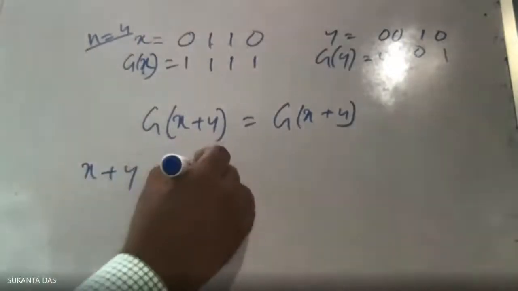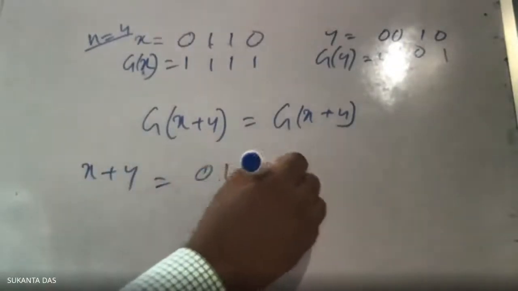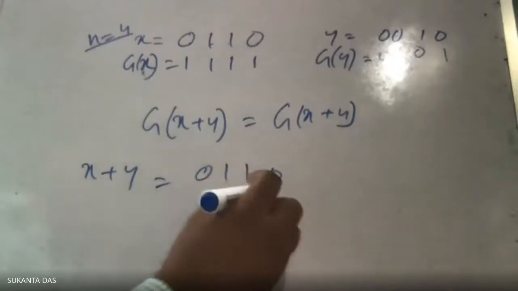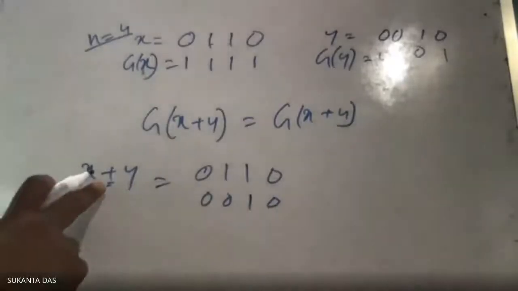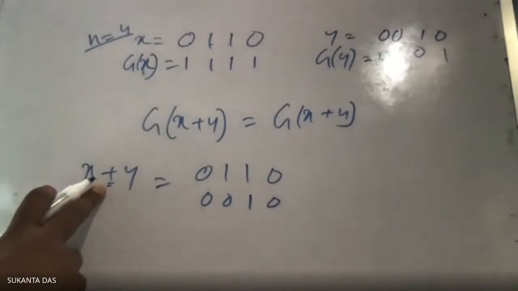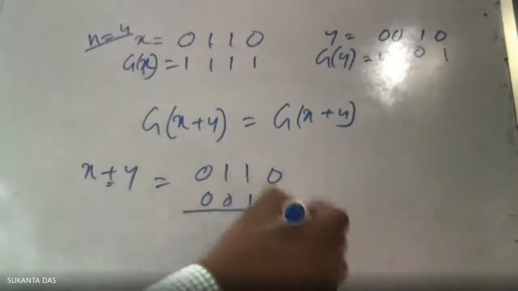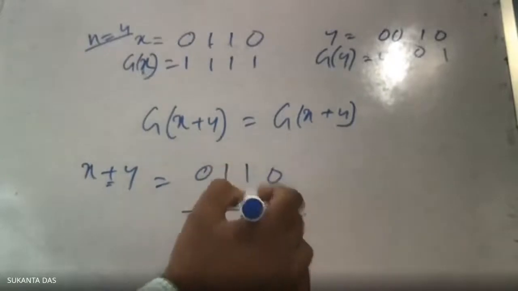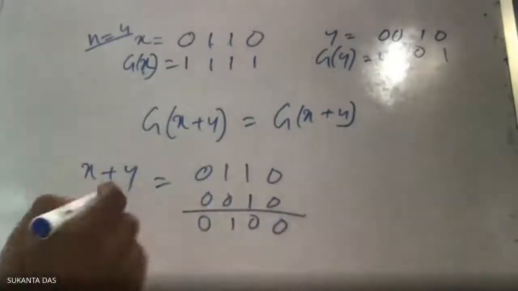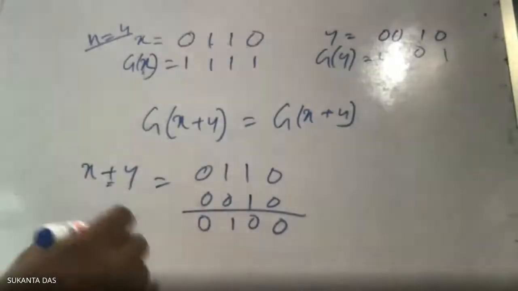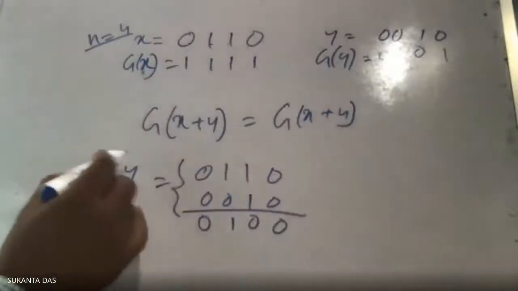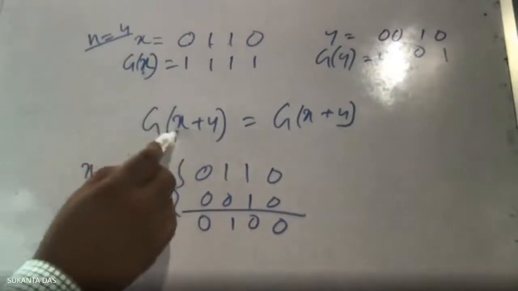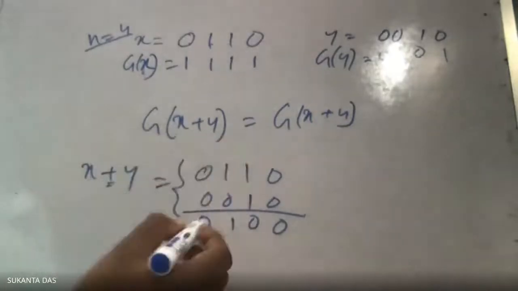This is 0 1 1 0 and 0 0 1 0, and addition is modulo 2 addition, so x plus y is 0 1 0 0.